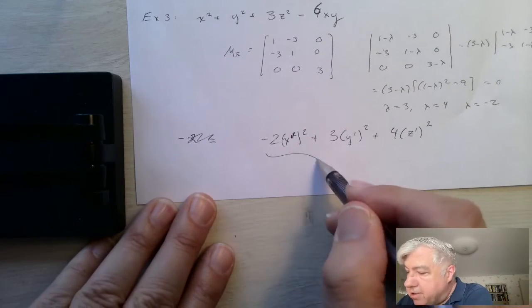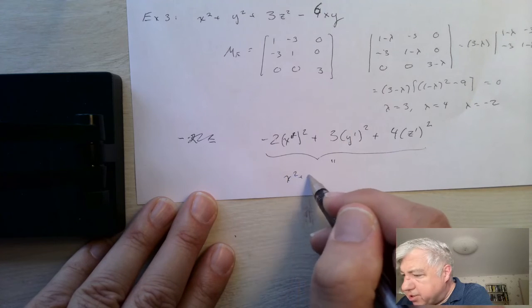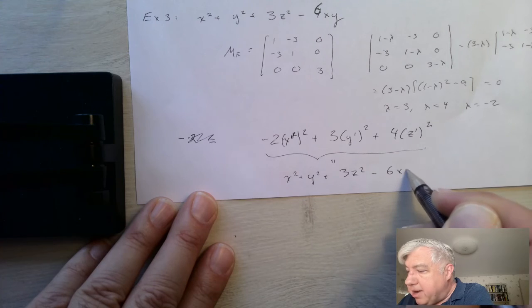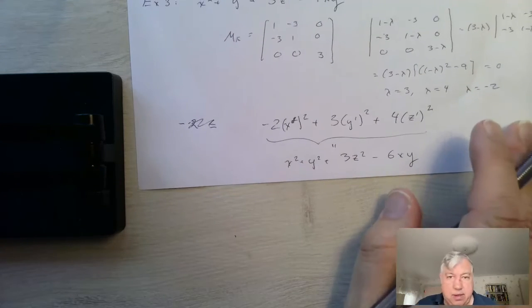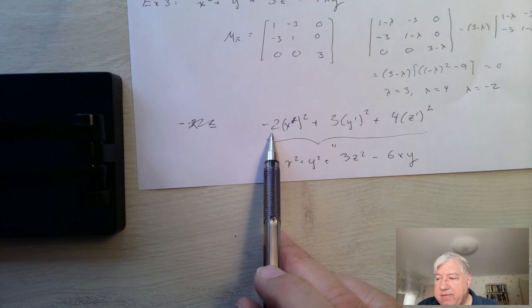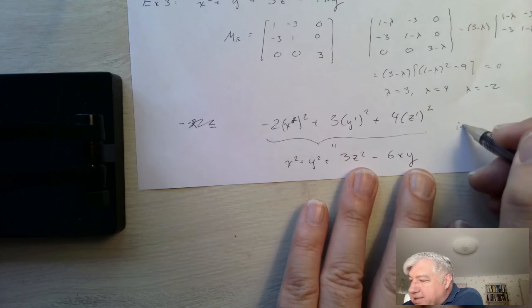This is equal to x squared plus y squared plus 3z squared minus 6xy. And because we have a negative eigenvalue as well as a positive eigenvalue, we can see this is indefinite.